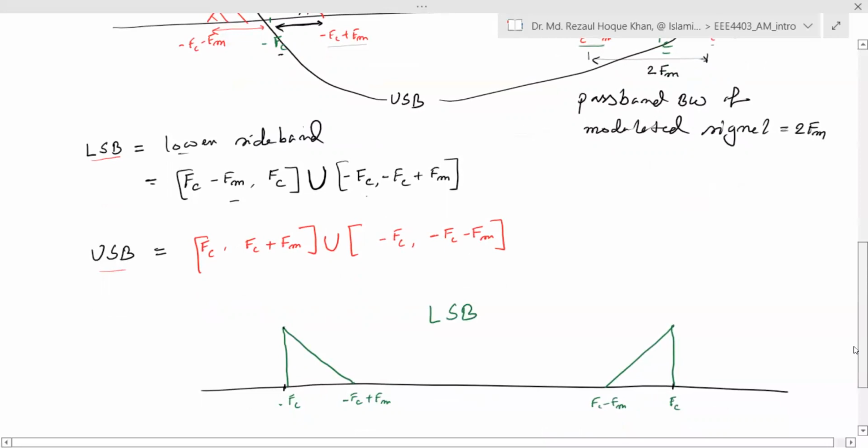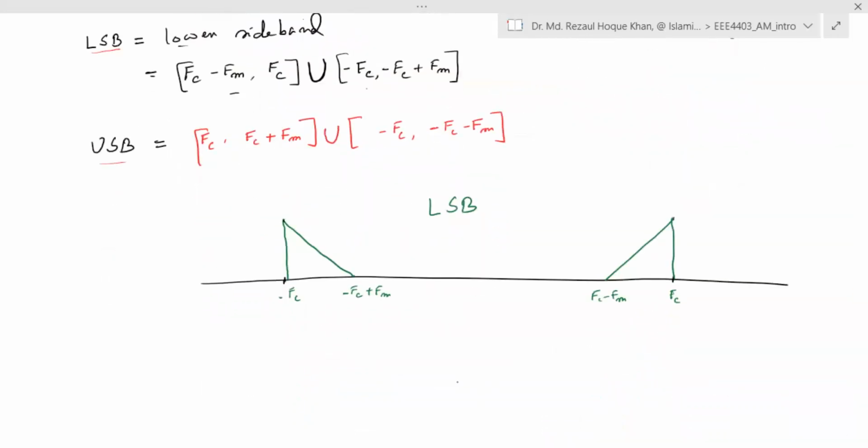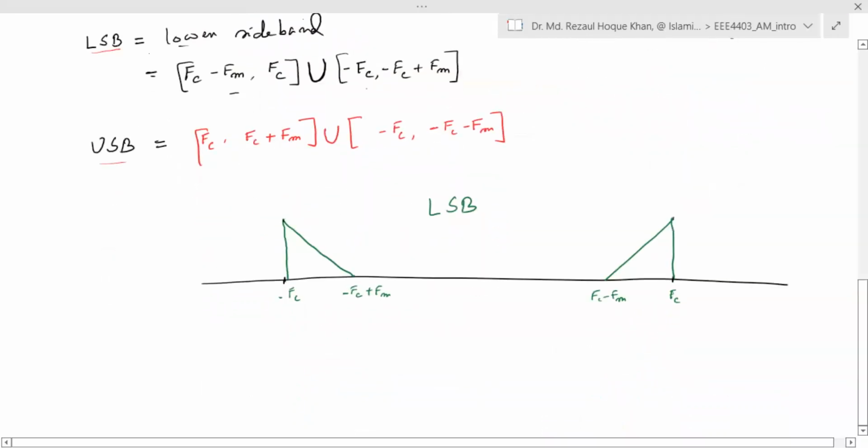The opposite one will be the upper sideband, right? So if I draw it again, the other portion, here will be the center frequency FC and minus FC.